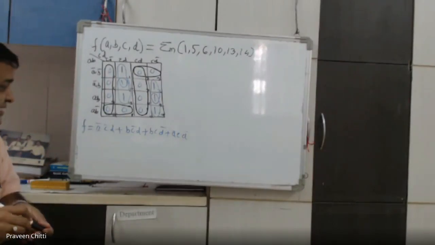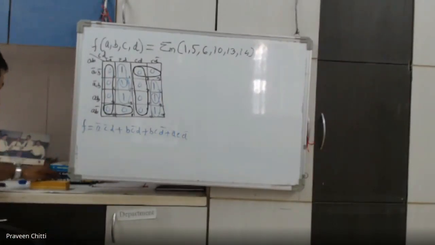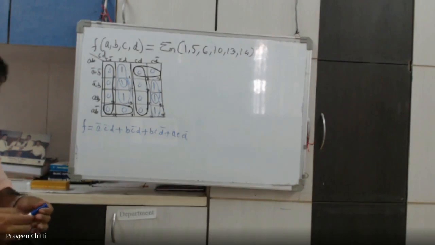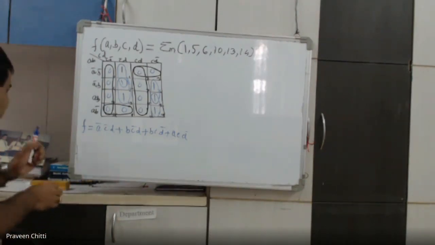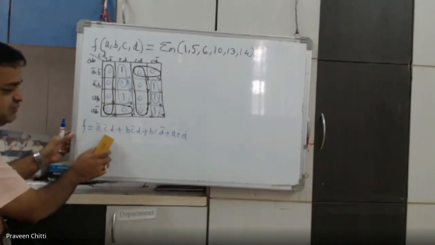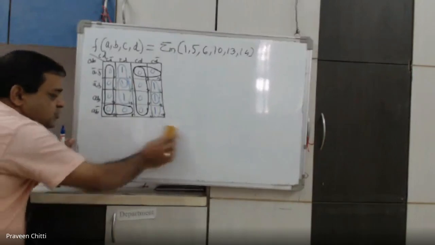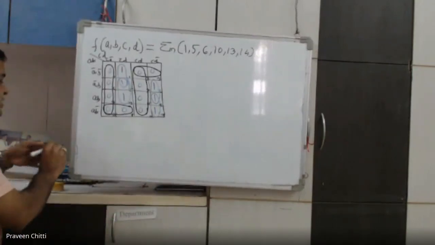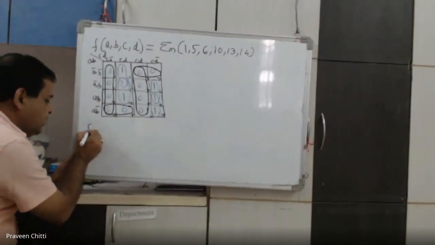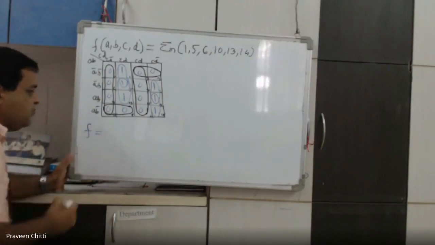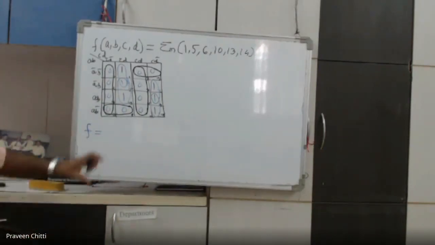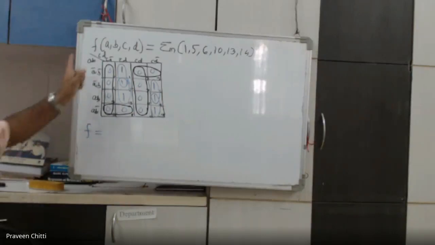So I have formed the groups of zeros now. After forming the groups of zeros, I will be writing the expression. This was the expression for SOP. This we already implemented, so I will clean this now. Now we'll see how we write the expression for POS, using the SOP K-map.